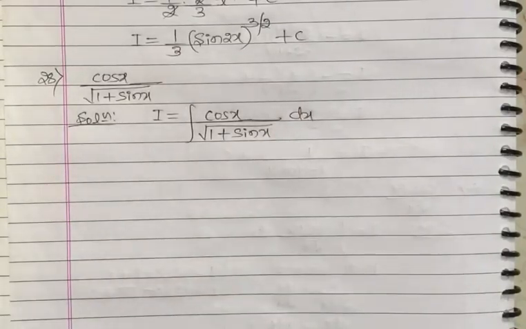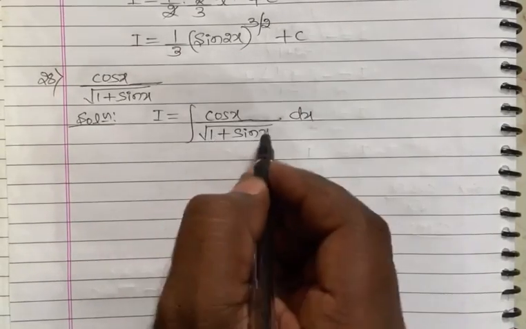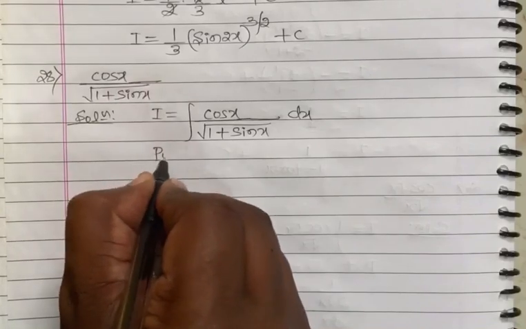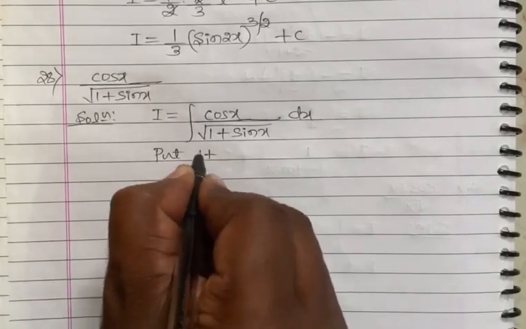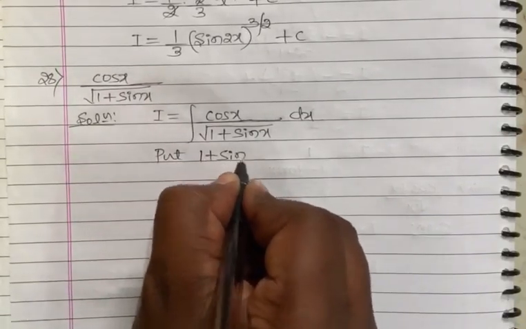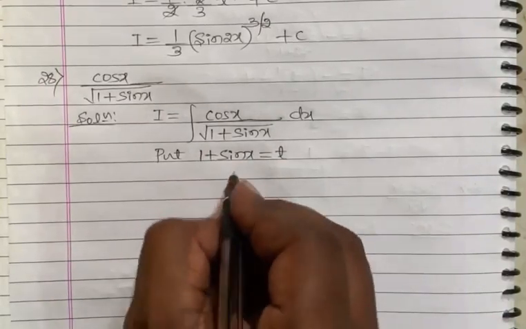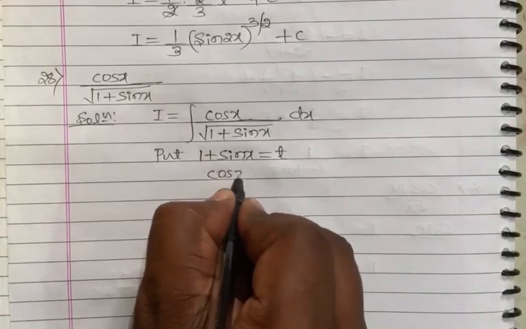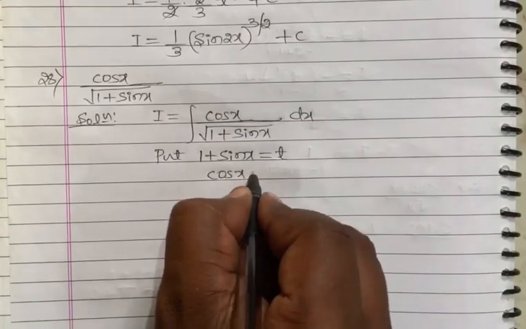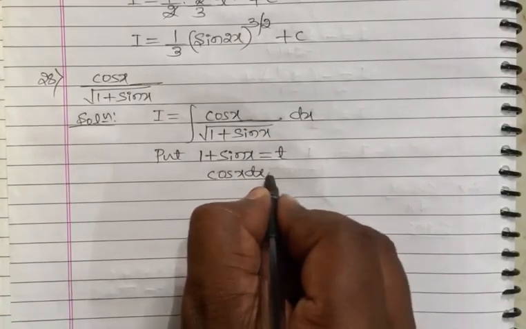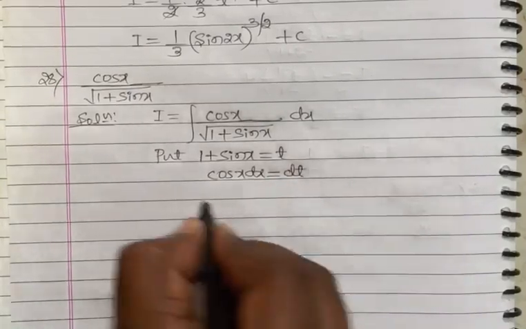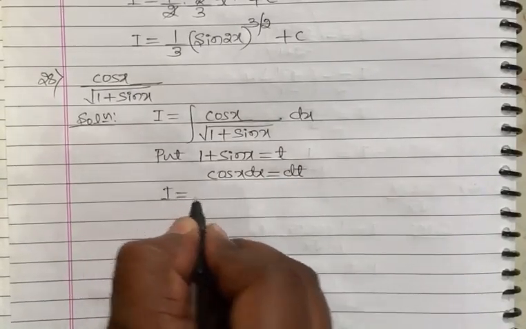Now I take 1 plus sin x as t, put 1 plus sin x equal to t, differentiate both the sides. So we get cos x equals dt by dx. So I take dx to the LHS, cos x dx equals dt.